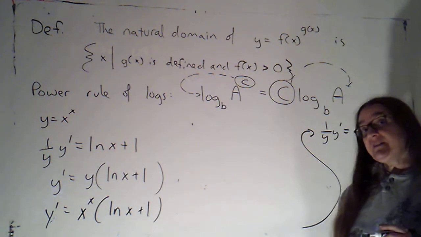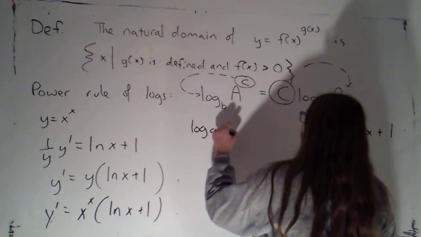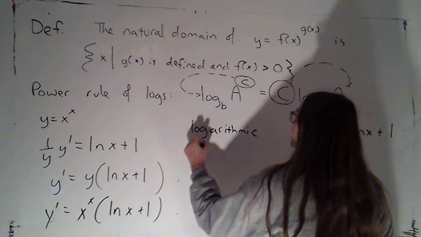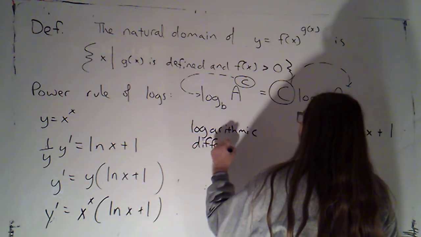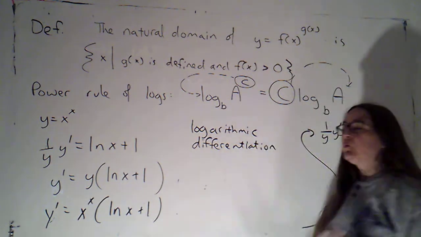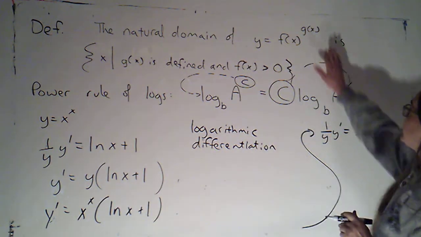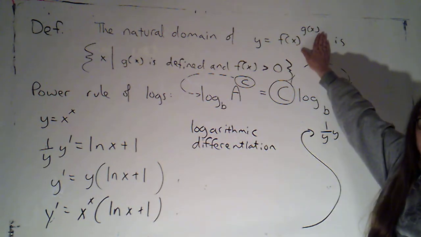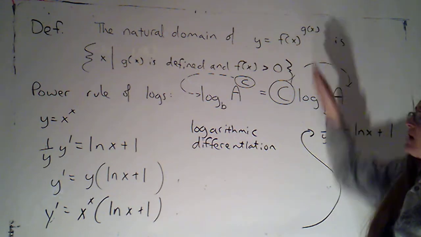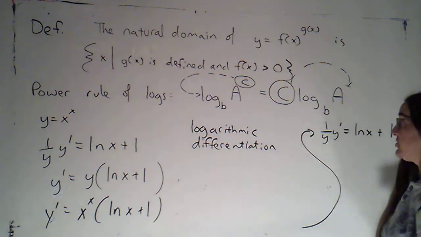What we've just done is called logarithmic differentiation. It's a really nice technique that we're going to use basically whenever we have something like this, where we've got an exponential expression with variables in both the base and the exponent position.